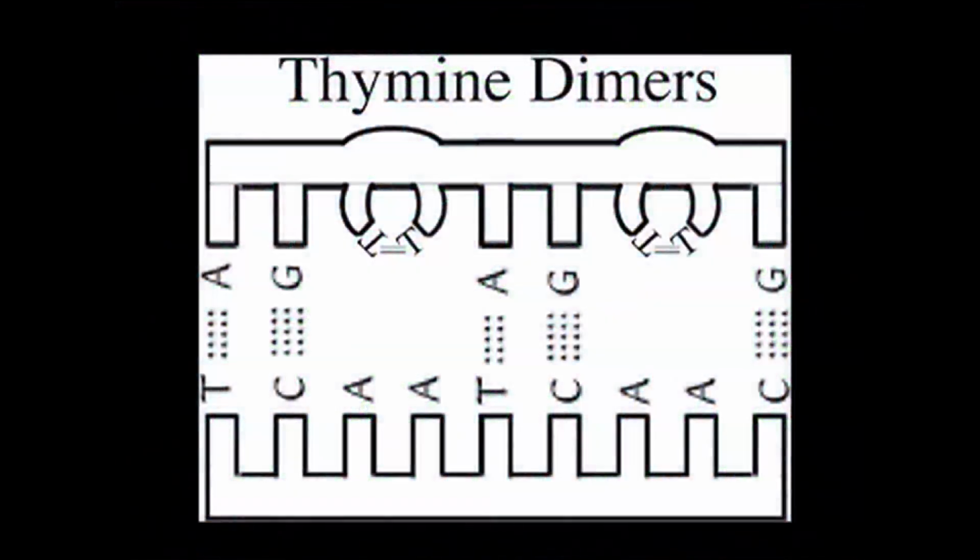Once these two thymines get dimerized, or are tagged together, it prevents the replication of the DNA as well as the transcription of the DNA to RNA. So the two vital processes that keep a bacterium viable, that is the replication process and the transcription process, are disrupted, as a result of which the bacterium dies off.